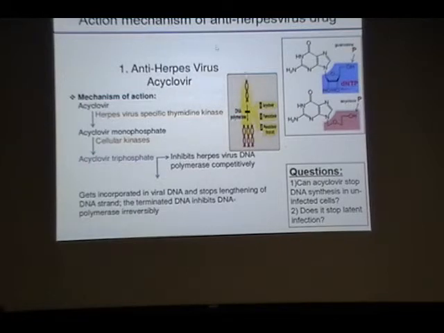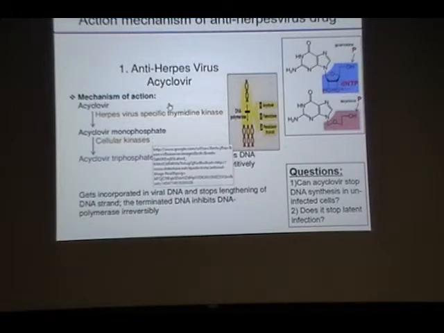So the other thing I want to mention about these herpes drugs is they are basically effective for all types of herpes virus. All types of herpes virus, even though they have some differences in terms of structure and sequences, their function is very similar.